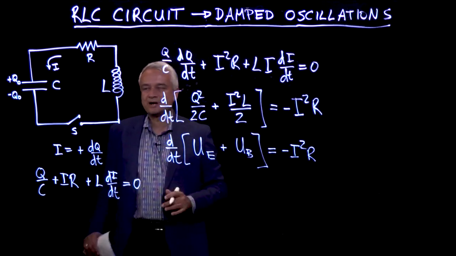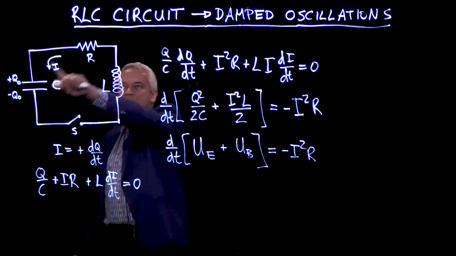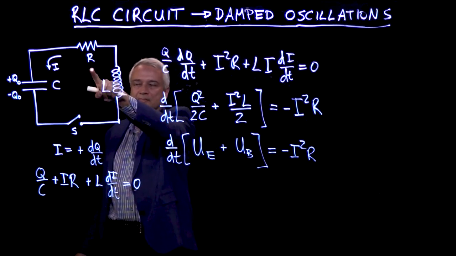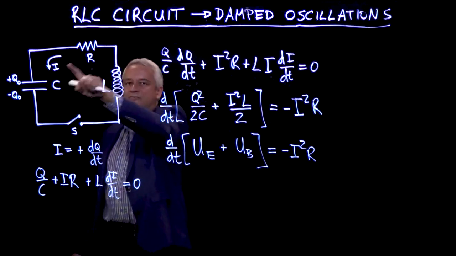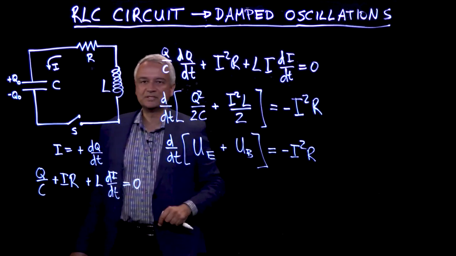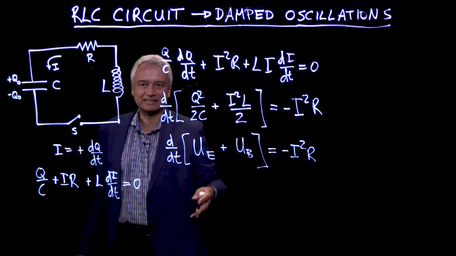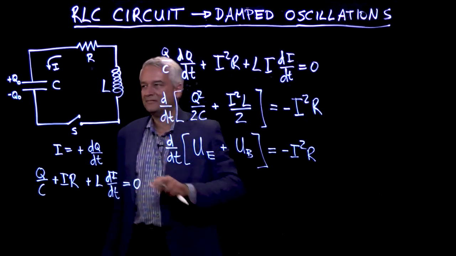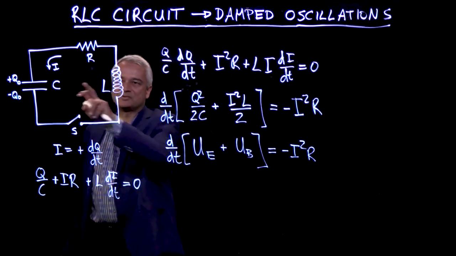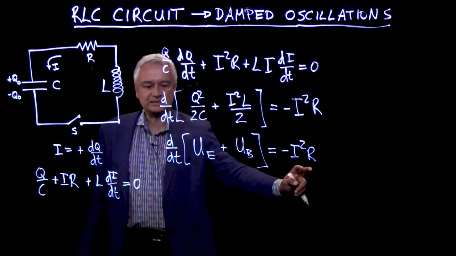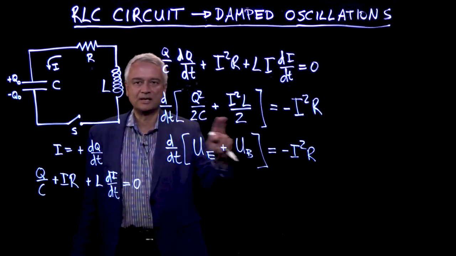Why is it decreasing with time? Well, it's because as the current is going back and forth, back and forth, it's always going through this resistor. And when a current flows through a resistor, it generates heat. It dissipates energy. And that is the loss in the energy stored in the capacitor plus the inductor. So previously, when we had no resistance, this quantity was conserved.